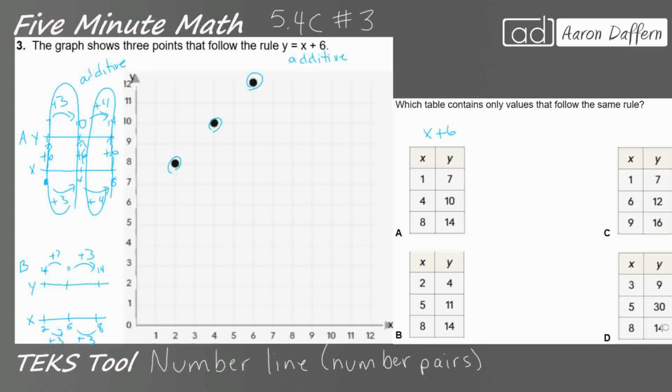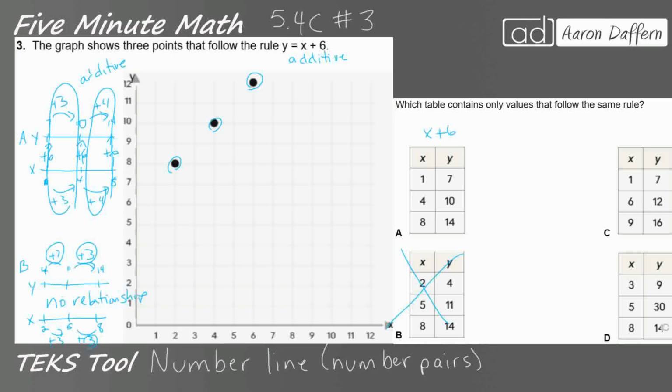So it would have been fine if they were both a plus 7 or both a plus 3, but since my change from 2 to 5 is a plus 3, and I changed 7, and then my change from 5 to 8 is a plus 3, and then I changed with a plus 3 instead of a plus 7, there's just no relationship. So that just doesn't work. You would need those same changes to be able to evaluate what is that change. So definitely not B. Let's check C and D.